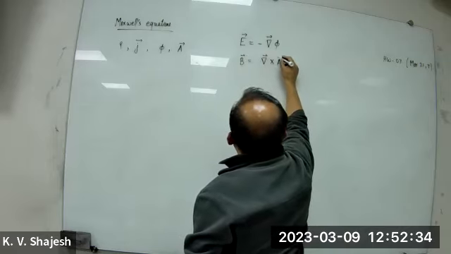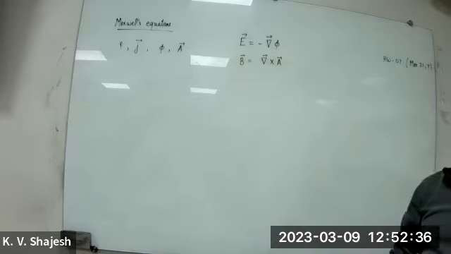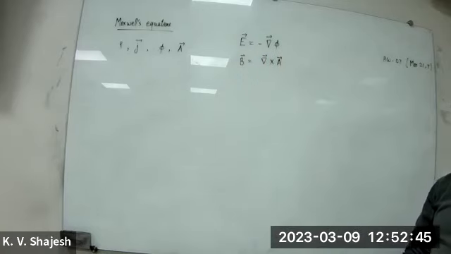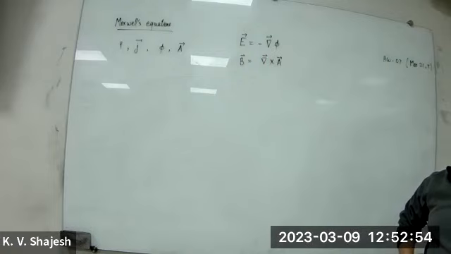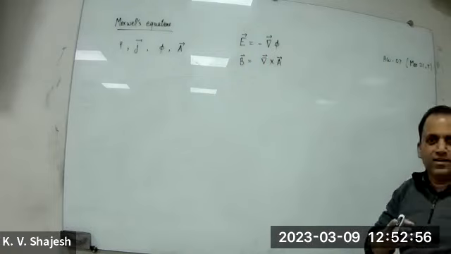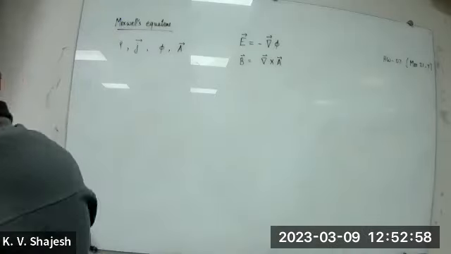Is there anything missing in all this? Something is wrong or missing? For E, we have the time derivative of A. Very good.